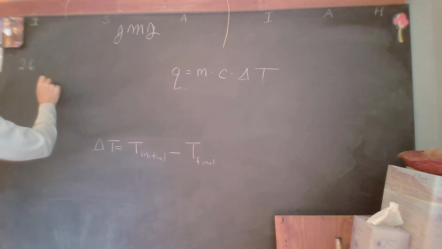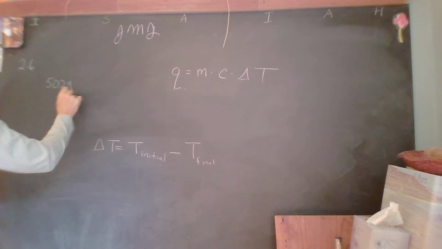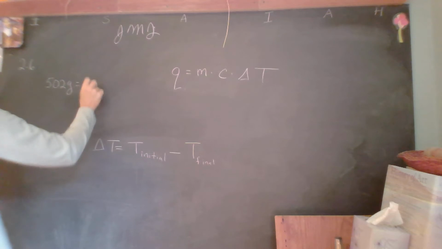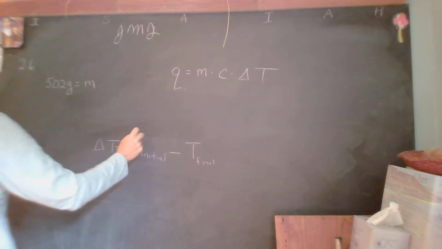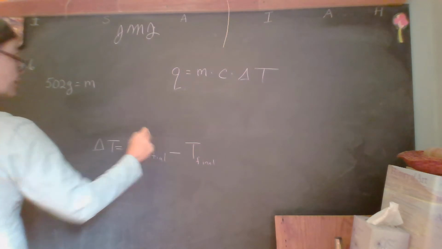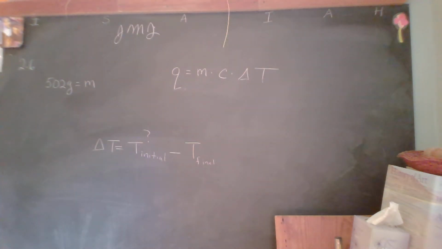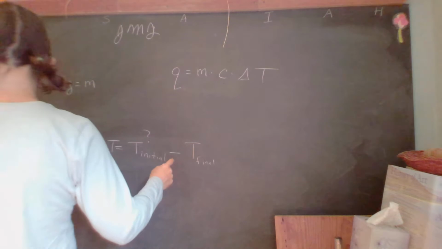Okay, so we have a 502 gram iron rod. That's our mass, right? We don't know the unknown initial temperature, okay? We know the final temperature.